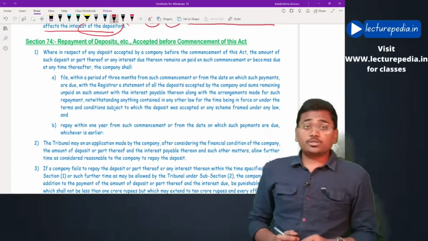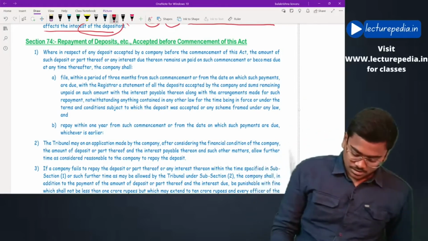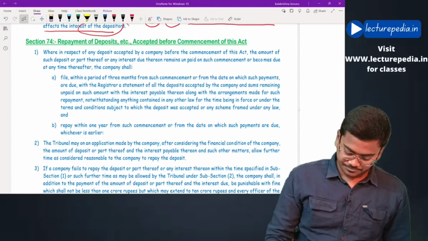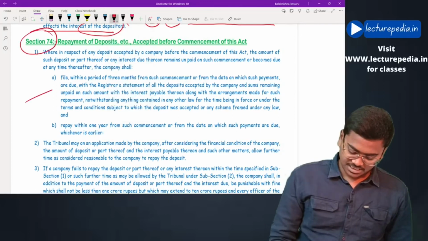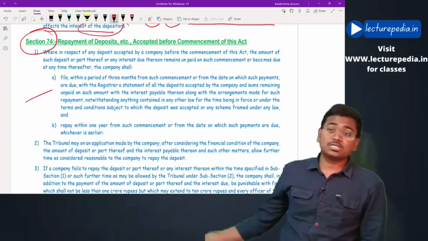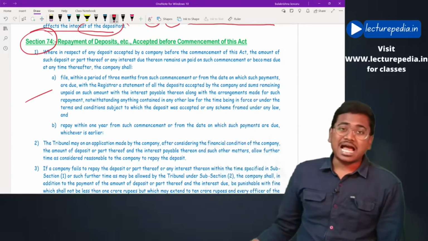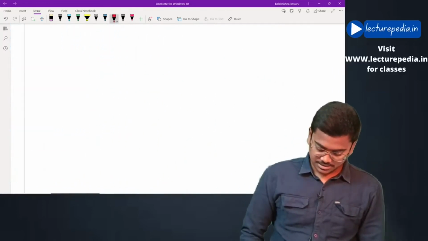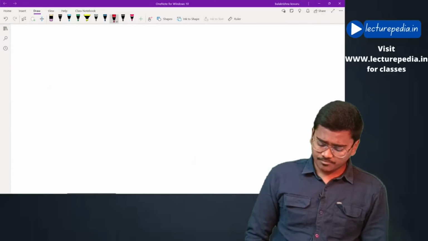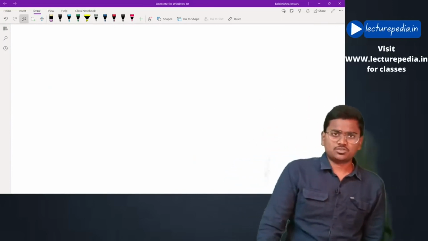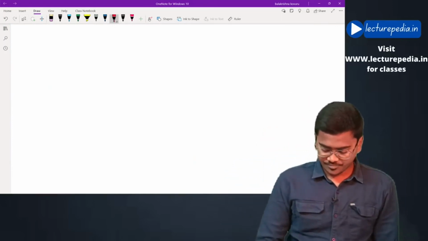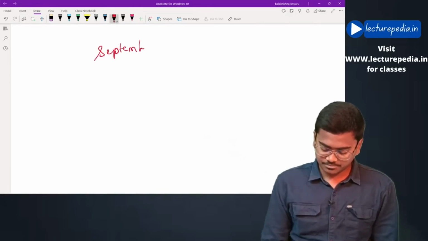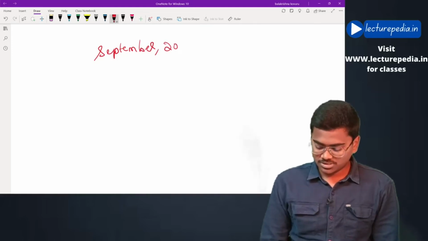Now moving to the next section, section number 74. Section 74 relates to repayment of deposits accepted before commencement of this Act. Let us discuss that. Basically, the provisions of Companies Act 2013 were implemented in September 2013.